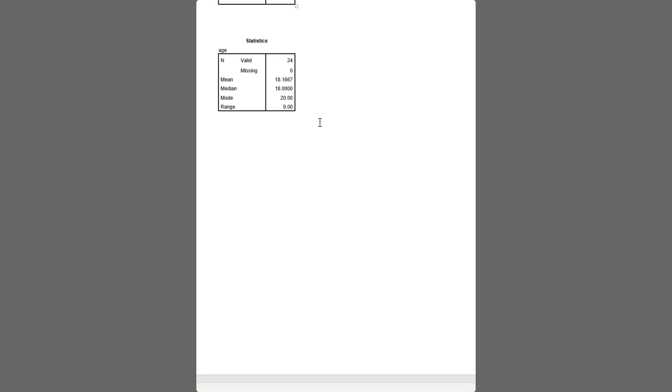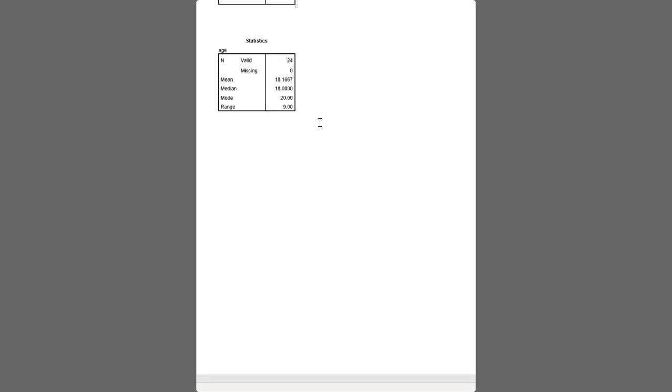If we look at this small hypothetical data set, we see that the mode, the value that occurs the most, is 20. The mean is about 18.616 years, and the median is 18 years. Why? Well, there was one outlier. There was one case in the data set where the age was 12.